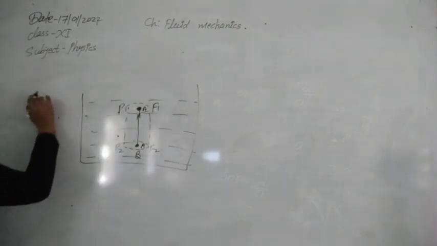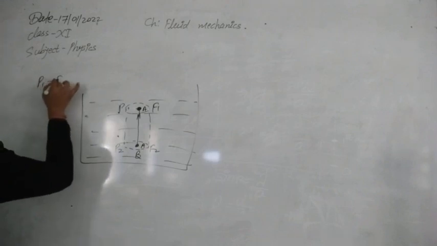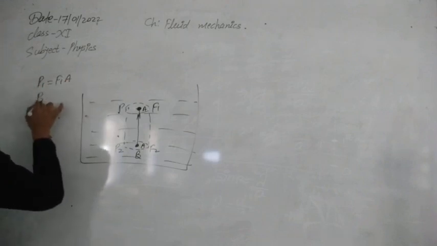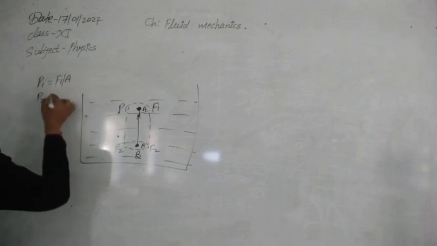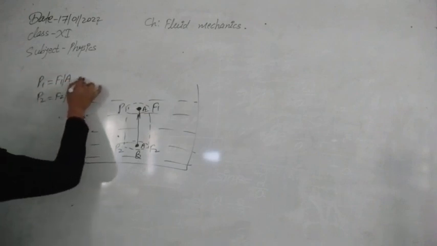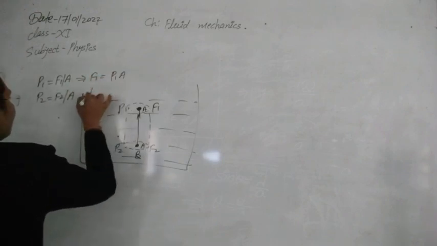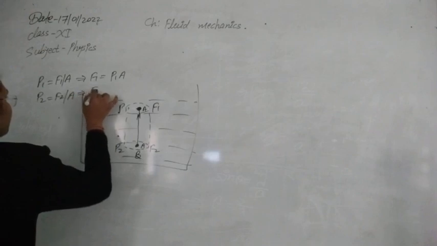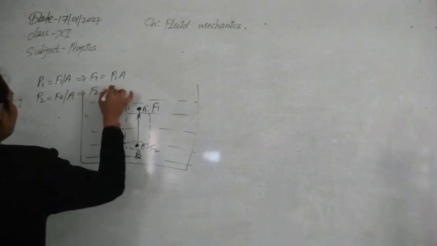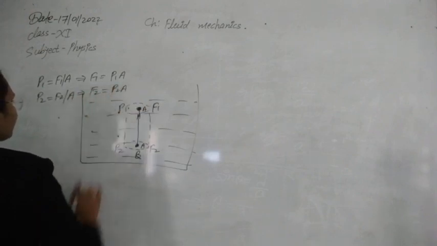Then P1 is equal to F1 upon A, and P2 is equal to F2 upon A. So F1 is P1 into A, and F2 is P2 into A.